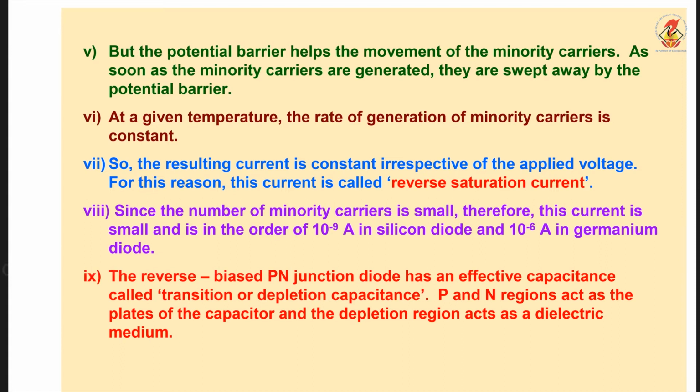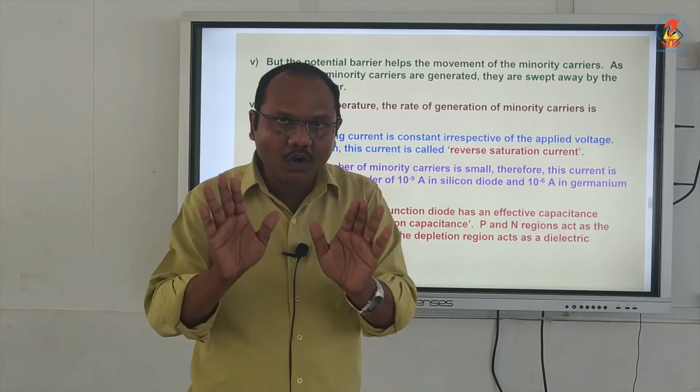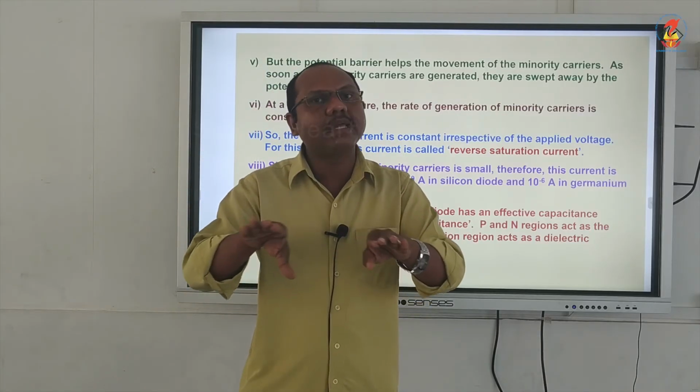So the resulting current is also constant irrespective of the applied voltage. That means even if I increase the voltage, the reverse current will not increase. It is of the order of microampere and it remains constant.